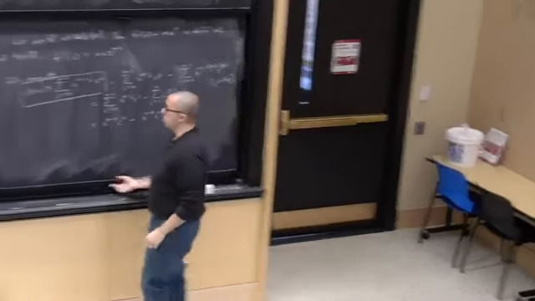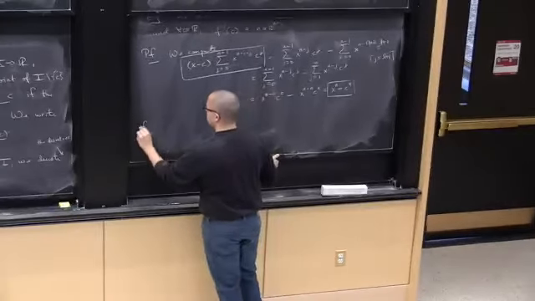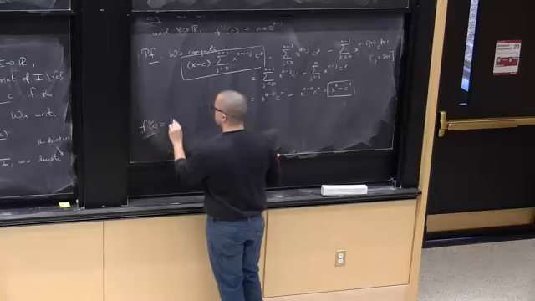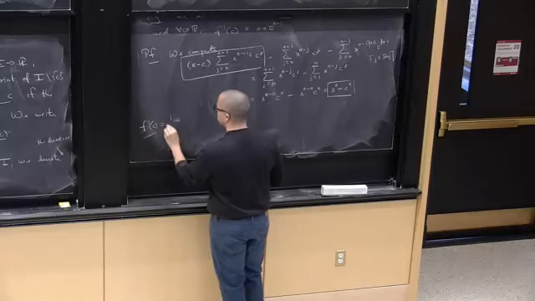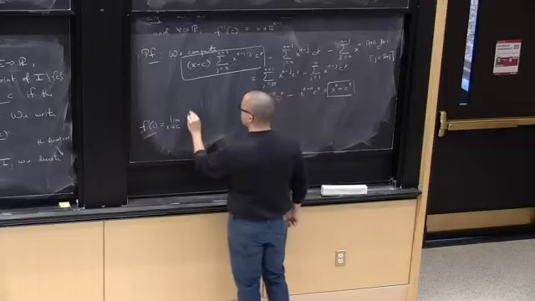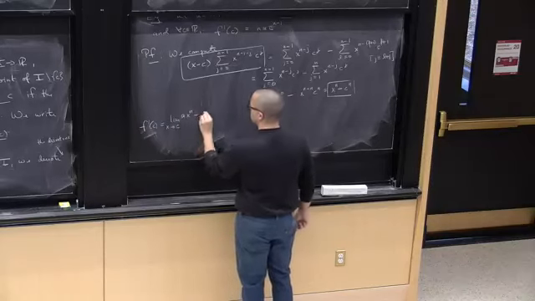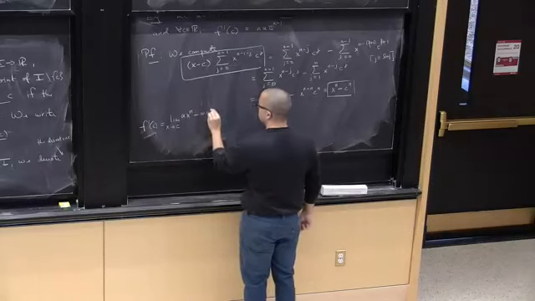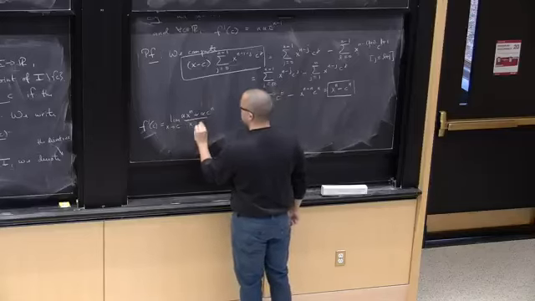So we use this to compute this limit. So then f prime of c is equal to the limit as x goes to c of alpha times x to the n minus alpha times c to the n over x minus c.